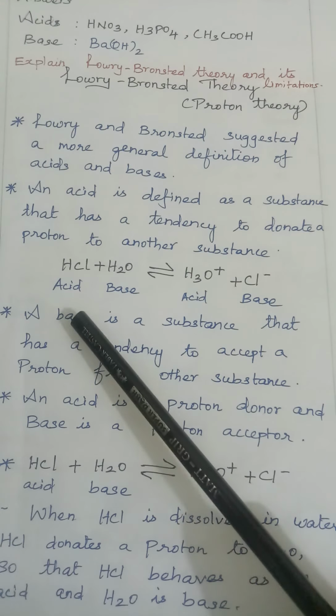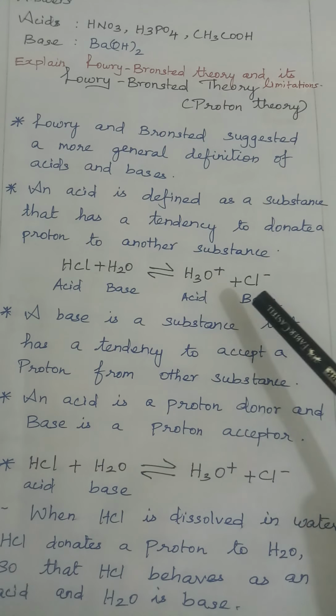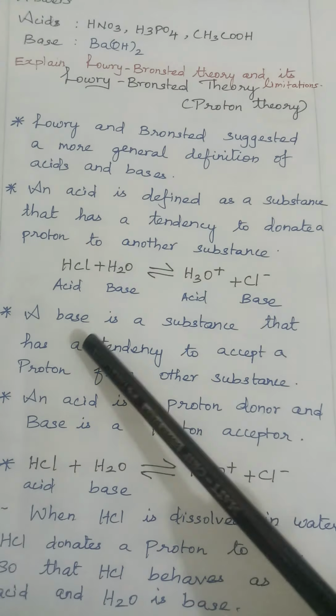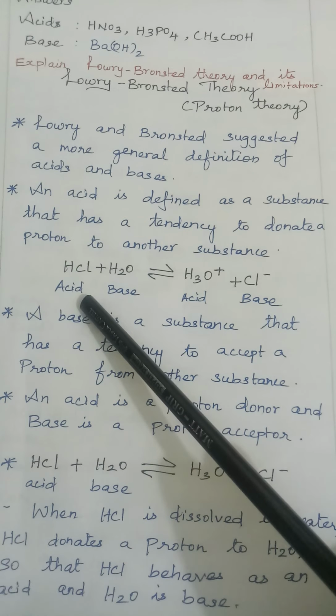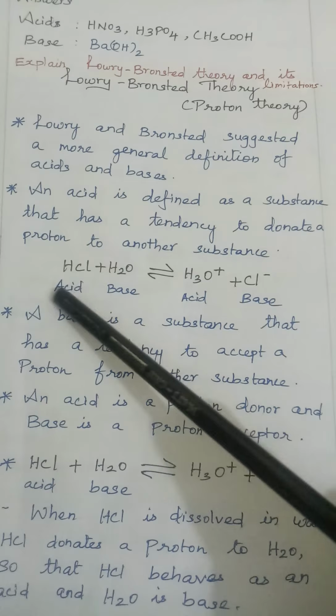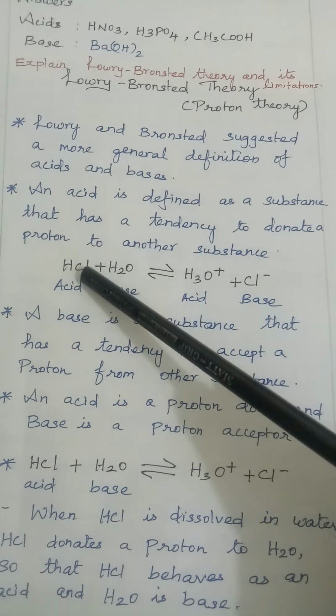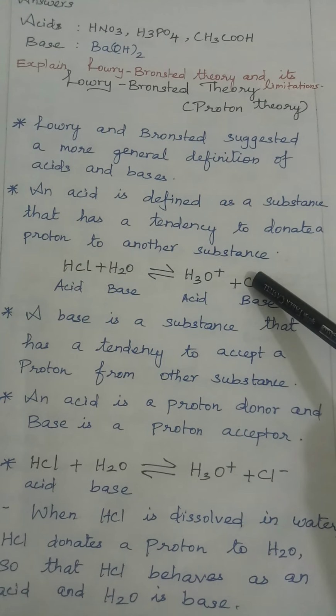For example, HCl is dissolved in water to form H3O plus and Cl minus ion. Here HCl acts as acid. How to say that HCl acts as acid? HCl donates the proton to H2O and it will become Cl minus ion.